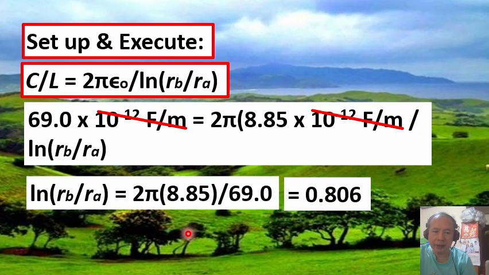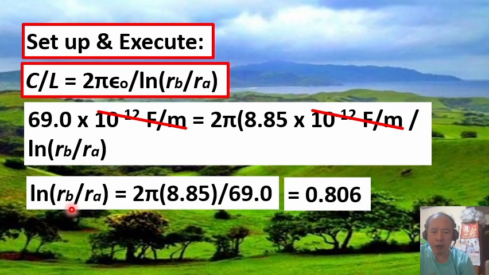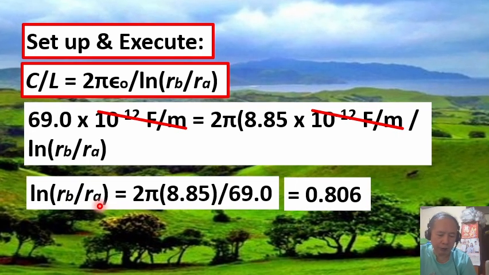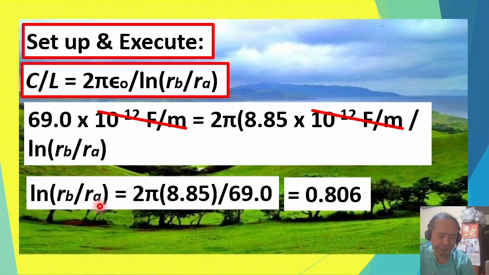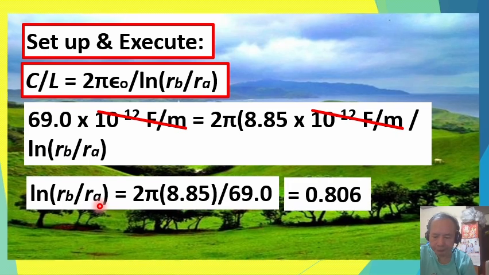So that is the natural log of the ratio R sub B over R sub A.